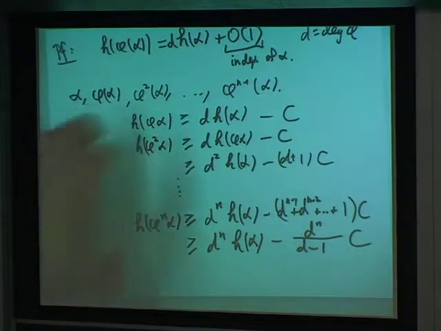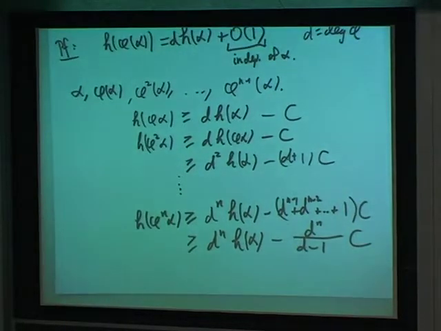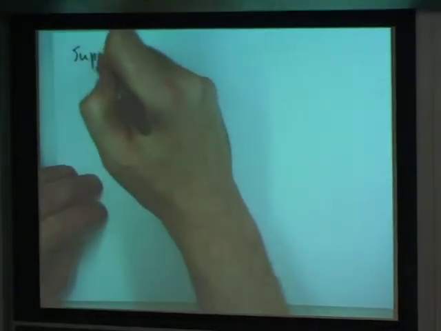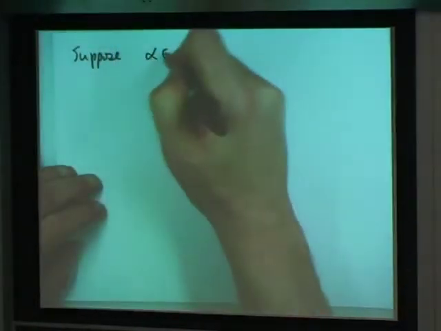Okay. So we have this final inequality down here. And this is true for any point alpha. But now suppose that alpha is actually a periodic point.